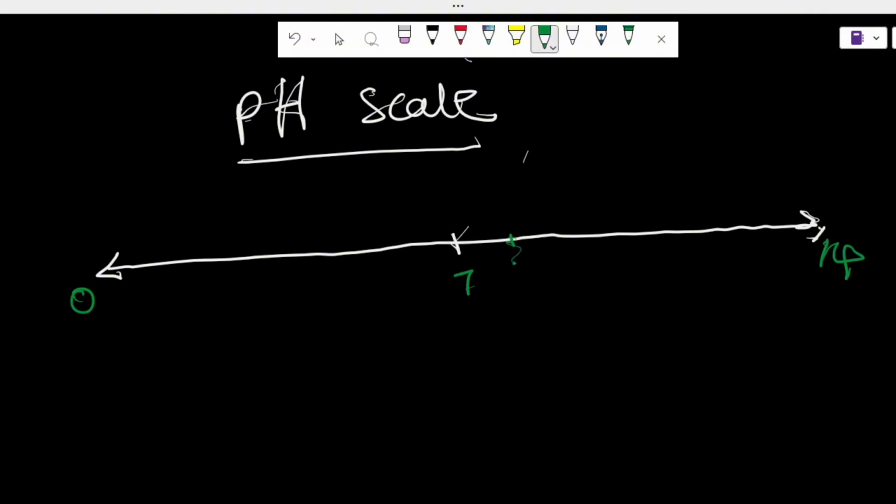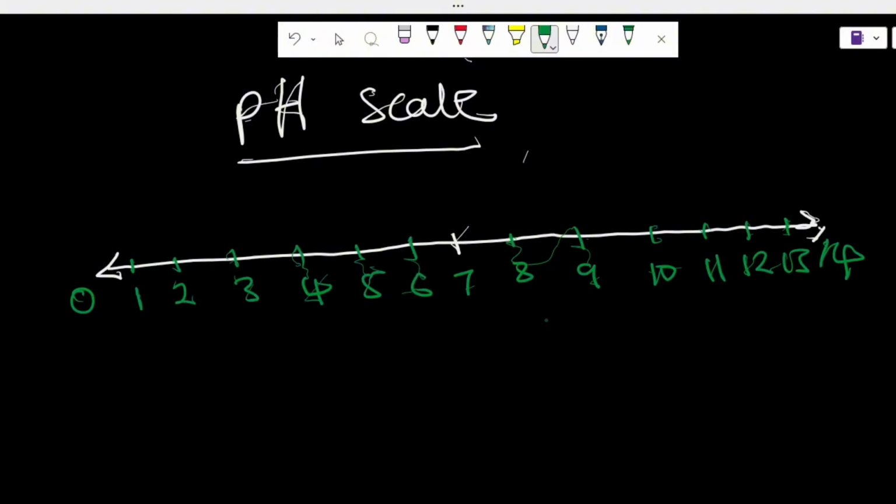So here you're going to have 8, 9, 10, 11, 12, 13, and here you're going to have 1, 2, 3, 4, 5, 6.